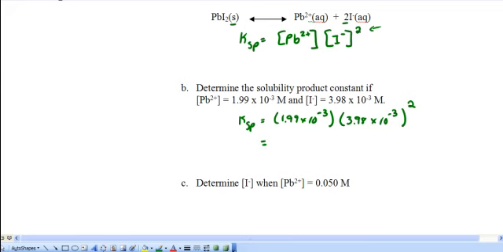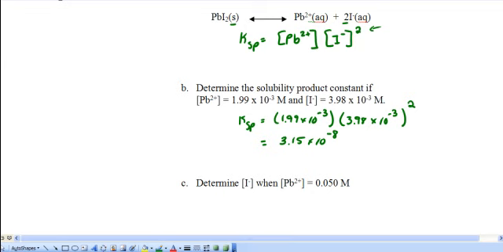And now when you evaluate that, you're going to be getting 3.15 times 10 to the negative 8. And again, no units on any equilibrium constant.